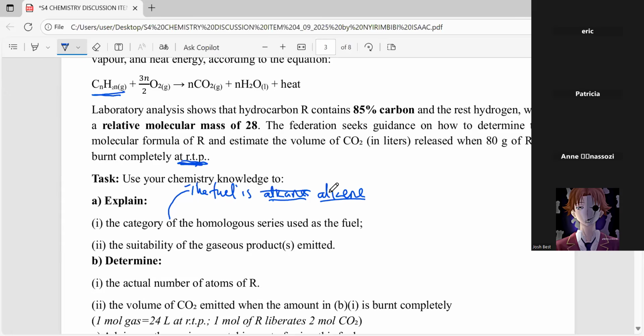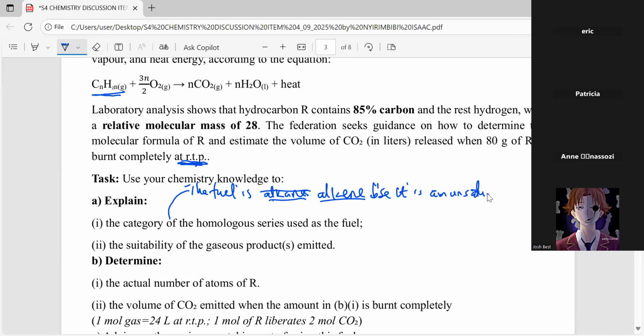Can I try? Because it's unsaturated with at least a double bond between two carbon atoms. Yes, because it's an unsaturated hydrocarbon with at least a double bond between the two carbon atoms.